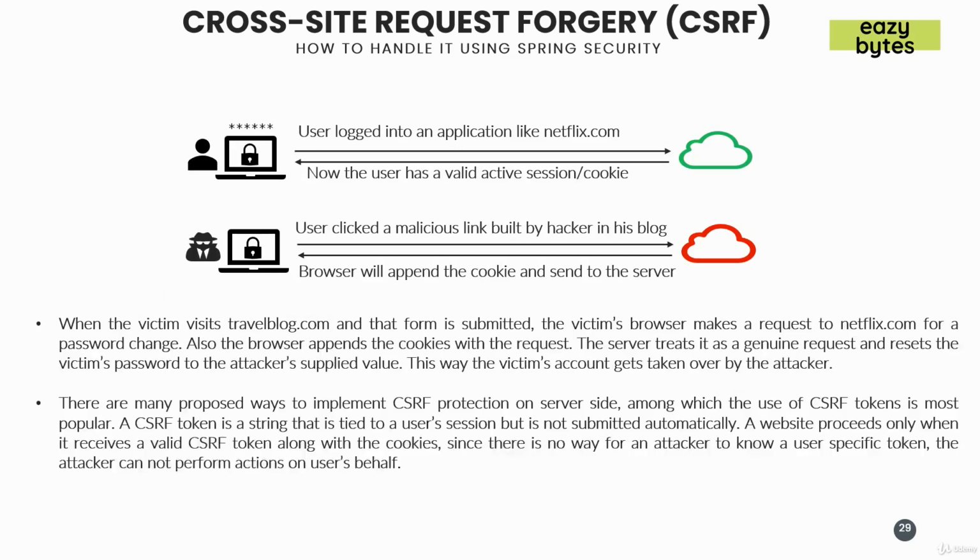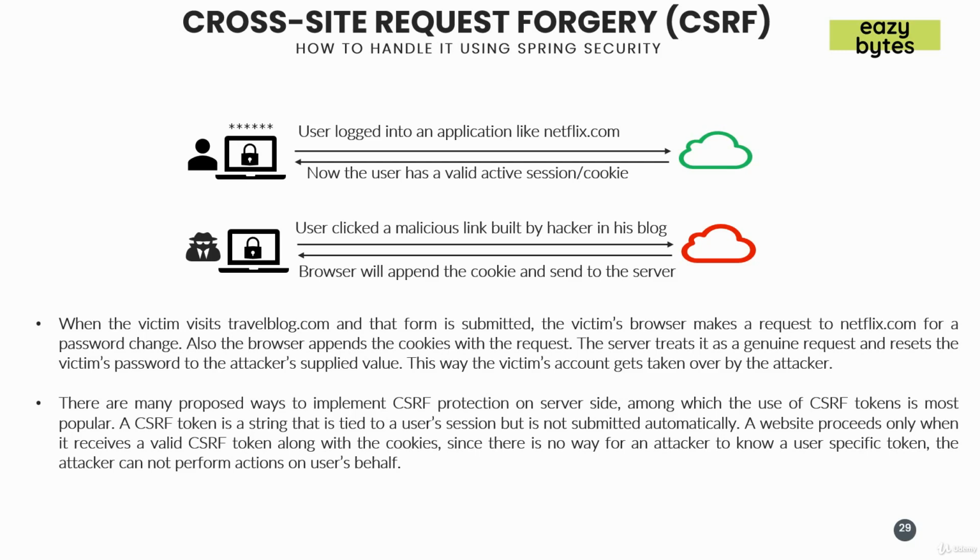To avoid CSRF attacks, there are many ways, but first you can see in the diagram that the user logged into a proper website like netflix.com and has an active session or cookie inside the browser. Now the same user clicked on some malicious link built by a hacker, and as soon as the user clicks on that link, it will take the cookie inside the browser related to netflix.com and send a request to netflix.com to change the password.